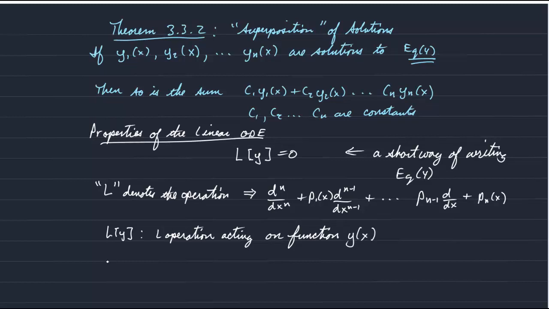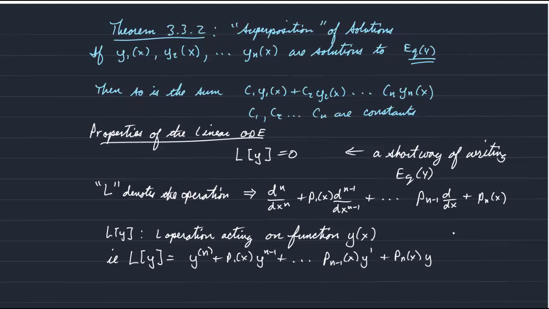Okay, so for example, L acting on function y, again, is the nth derivative of y plus p1 of x times the n minus 1 derivative of y all the way out to p n minus 1 times the first derivative of y plus pn of x times y.